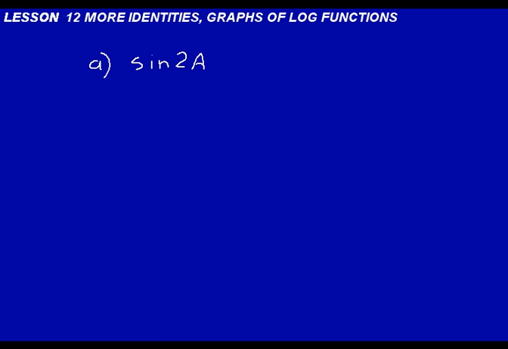And what you can do is just use the sum identity, sine of A plus B. That's equal to sine A cosine B plus cosine A sine B.